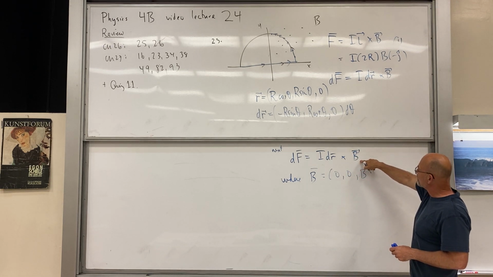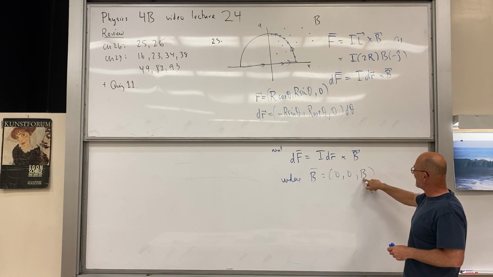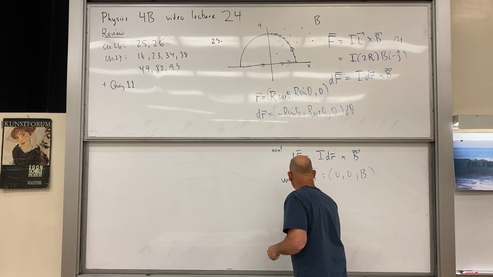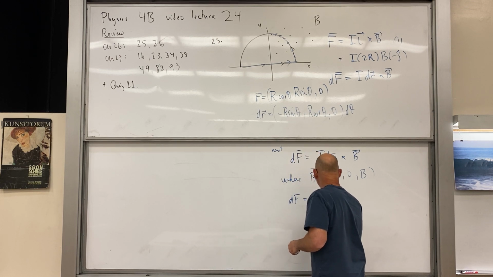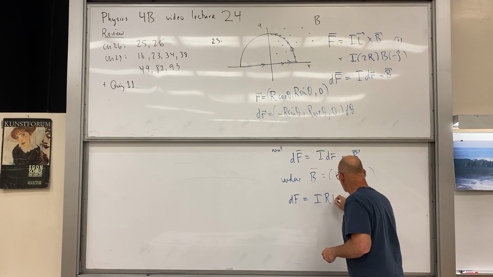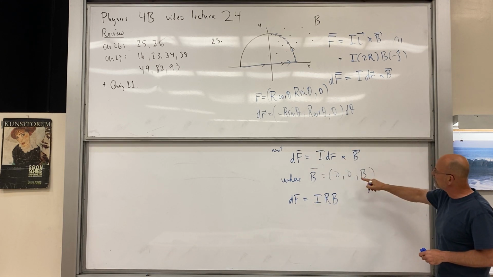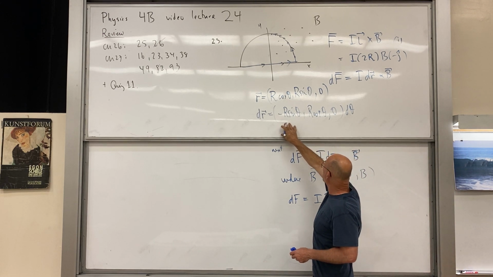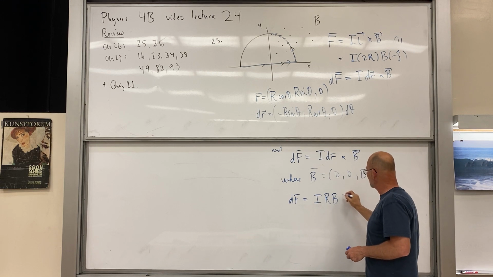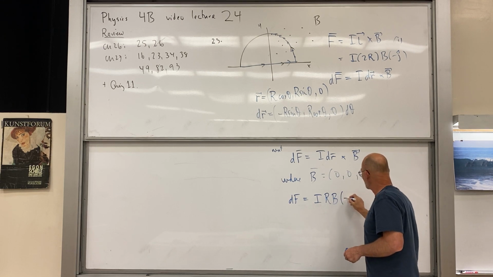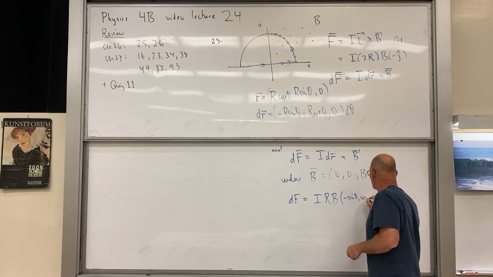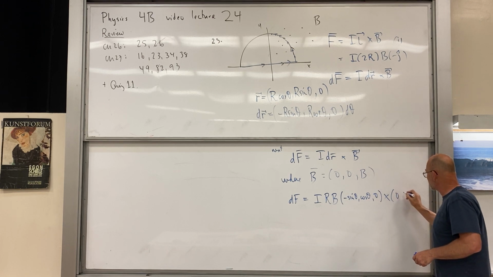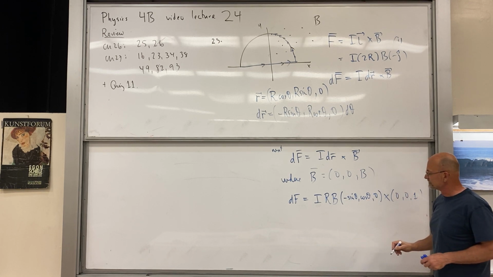So now you have to do that cross product, and since you have a magnitude B here, we can do this. dF is equal to I r B, those are the magnitudes, and then what's left of the dr cross B would be this vector minus sine theta, cos theta, 0, crossed into 0, 0, 1.